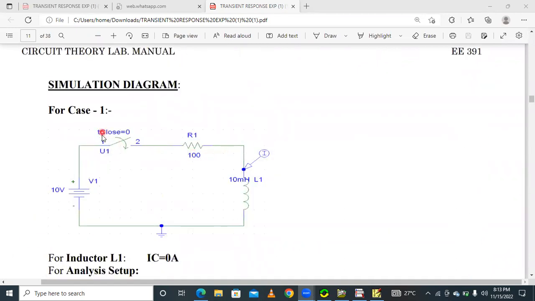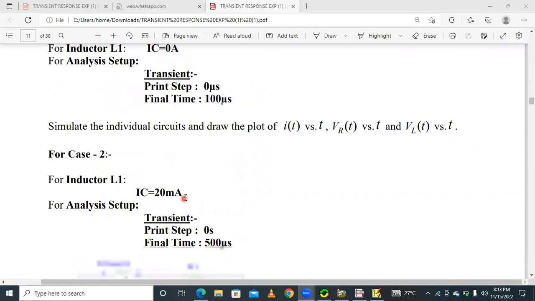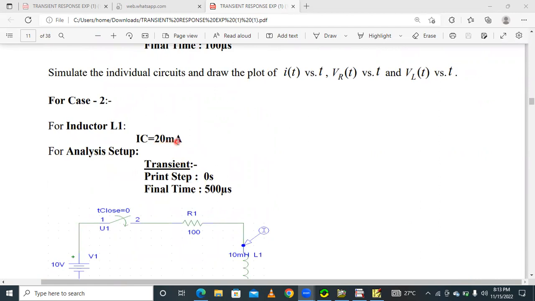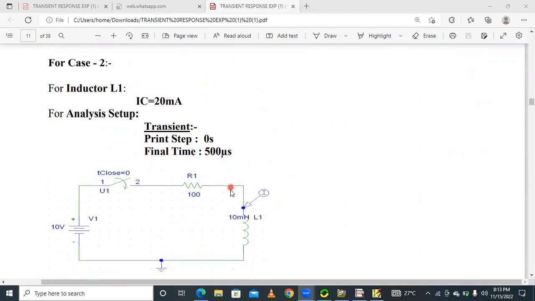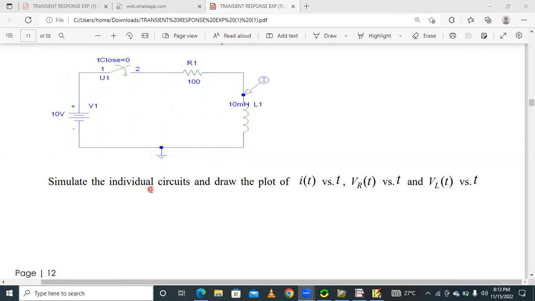So these are the different circuits for the RL circuit. For case 1, the initial condition is 0; here the initial condition is 10 milliamps for the second case, and the final time is 500 milliseconds. Then you will get the simulation of each circuit and another plot like this. This is the question. So we are done.